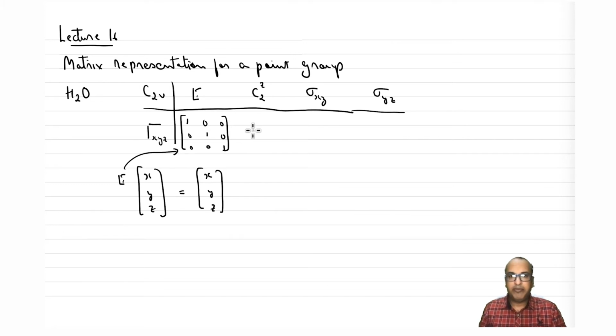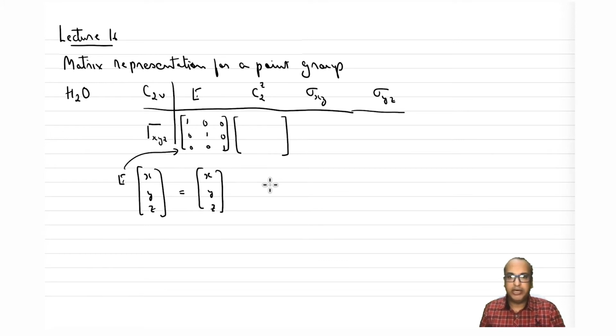In the same way, if I'm doing C2Z, we have seen how to develop a rotation matrix. So we have cos theta, minus sin theta, 0; sin theta, cos theta, 0; 0, 0, 1, right? We'll say theta is 180 degrees in this case.